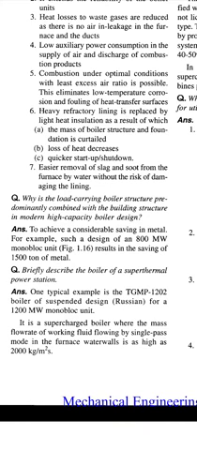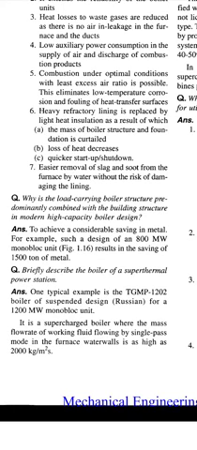Question: briefly describe the boiler of a super thermal power station. Answer: one typical example is the TGMP 1202 boiler of suspended design, Russian, for a 1200 megawatt monoblock unit.